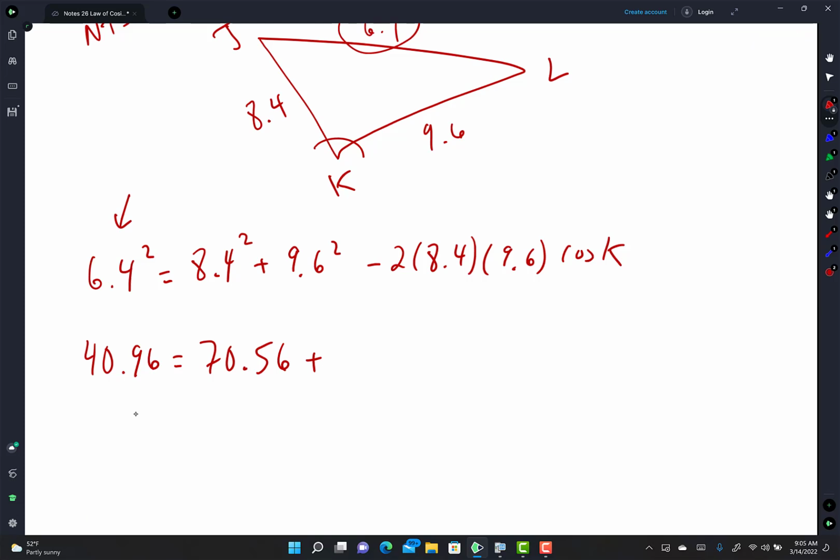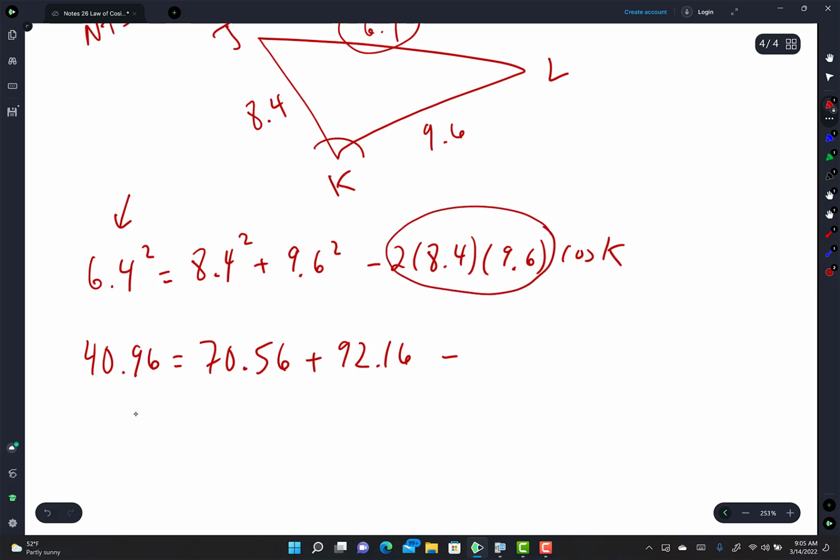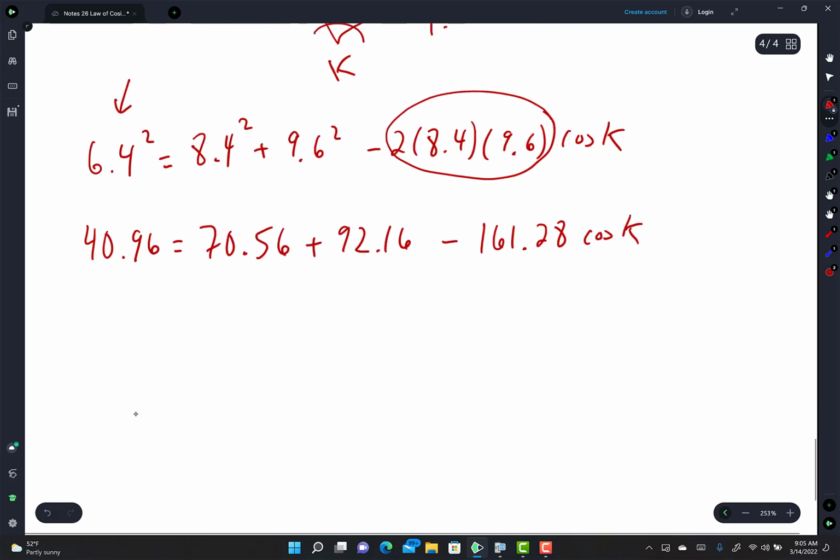What's 9.6 squared? 92.16 minus, and then someone multiply these three numbers. 2 times 8.4 times 9.6. What do you get? Perfect. You're done. Now you're just doing arithmetic.